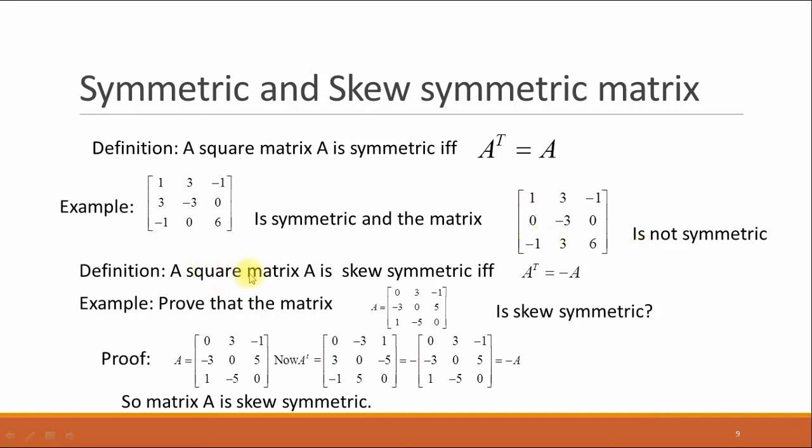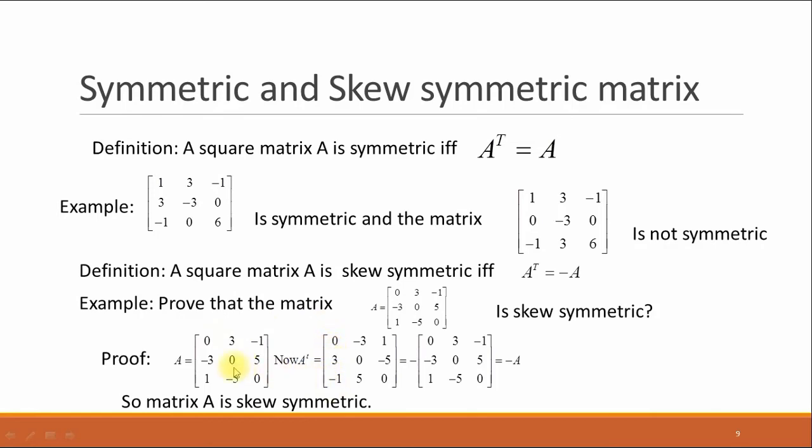Now a skew symmetric matrix. A square matrix A is skew symmetric if A transpose is equal to minus A. For example, this is a matrix A. To show that this matrix is skew symmetric, we take the transpose of this matrix. The row 0, 3, minus 1 is written into the column position.